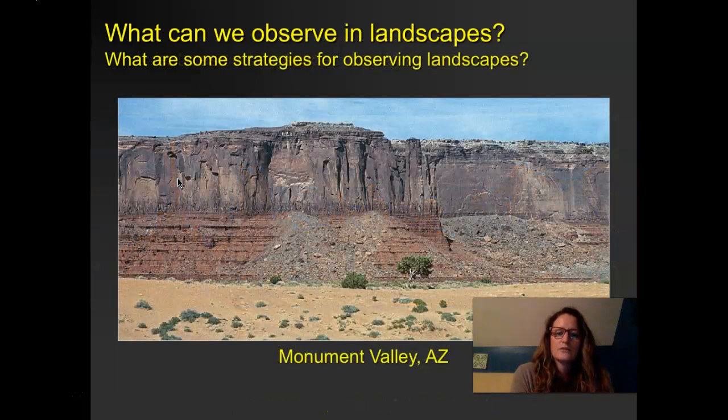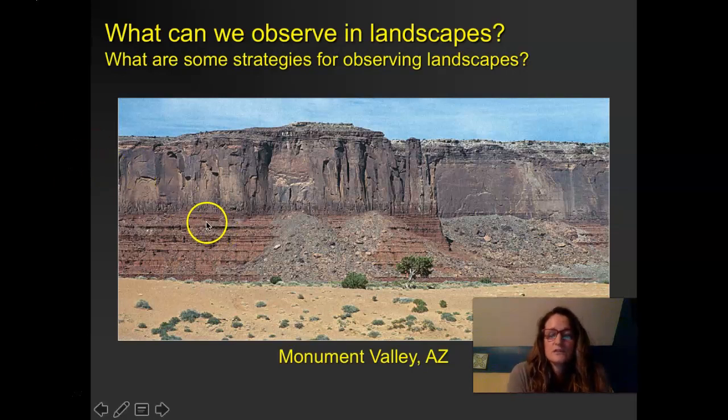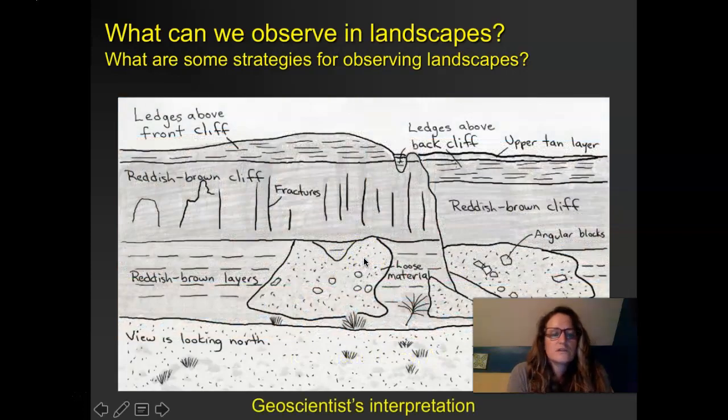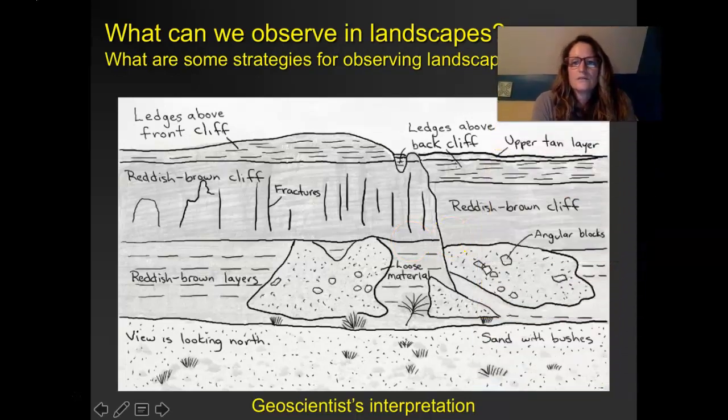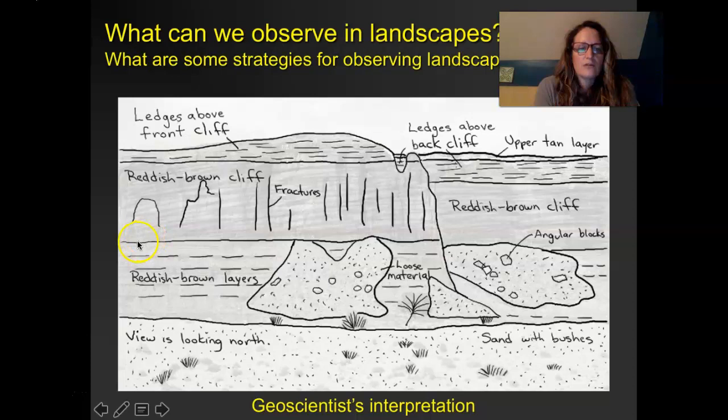Okay, so let's look at this landscape. Here I have that massive sandstone, a finely layered unit, actually a siltstone, and then these aprons of sediment. So here's the interpretation of that outcrop. On this image, we've outlined the thinner layers here.